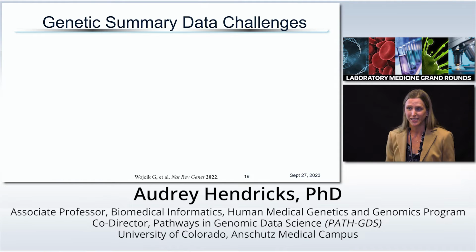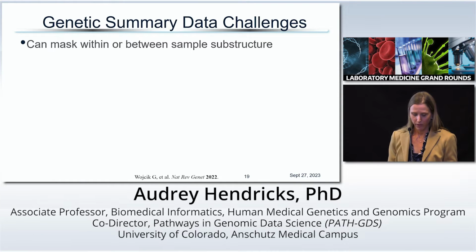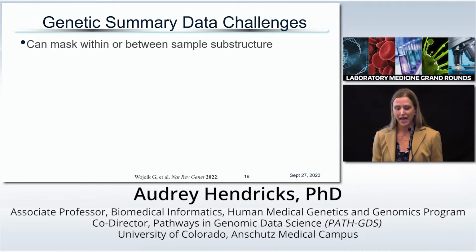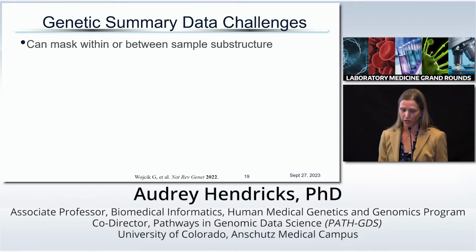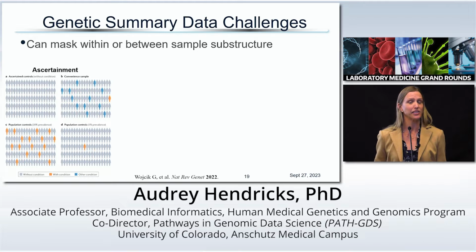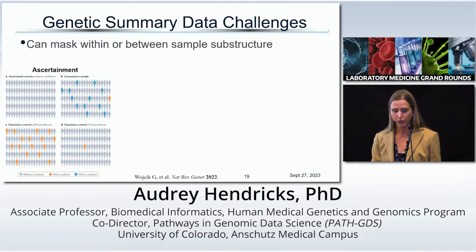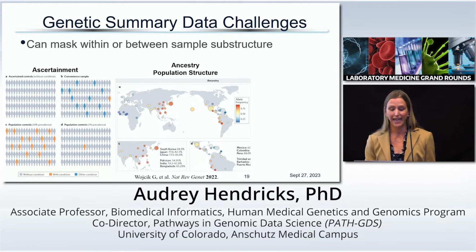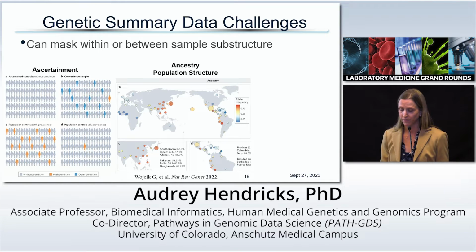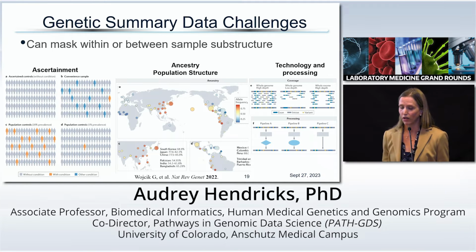But there's challenges as well. So when we have summary data, it can mask within or between sample substructure. And this can be due to ascertainment differences within our groups, potentially due to ancestry population structure, or even differences in technology and processing, differences in data generation.